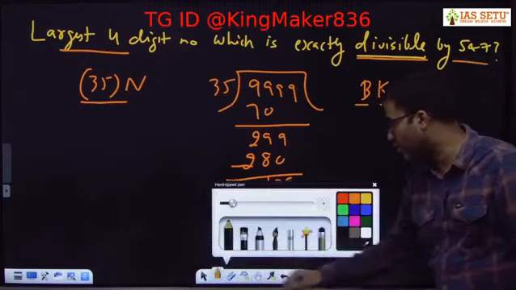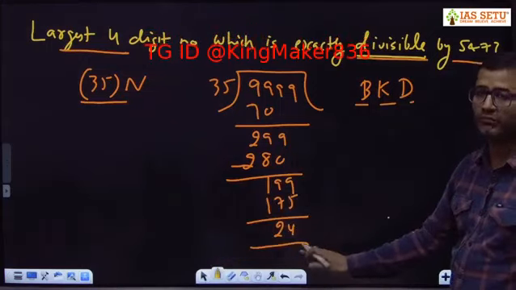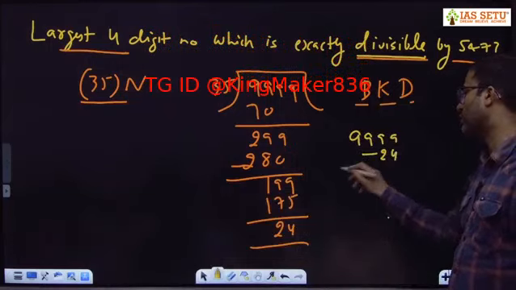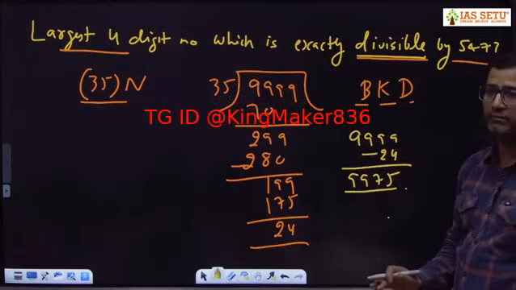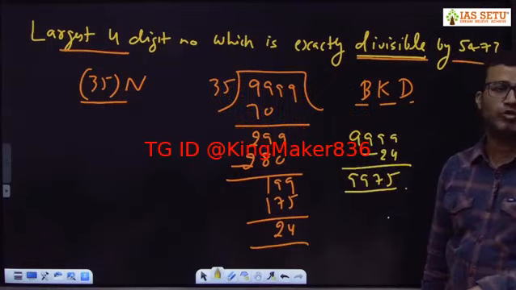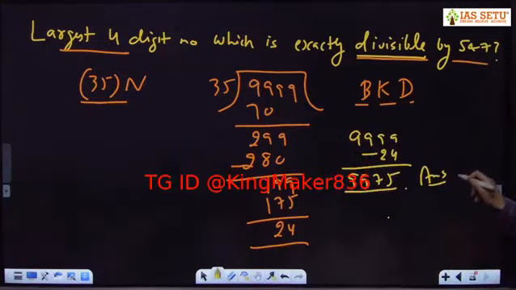So you tell the owner to keep the 24 chocolates, you don't want to pay for them. So 9999 minus 24, 9975, is our required number, which is exactly divisible by 35 and is the largest four-digit number divisible by 35. So this is our answer.